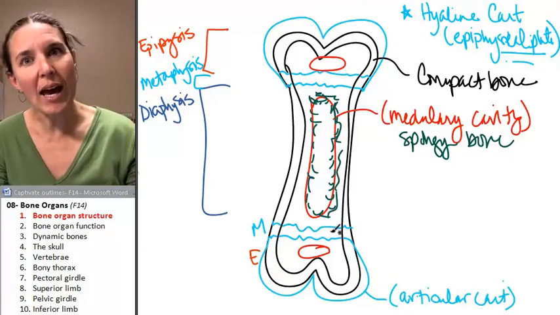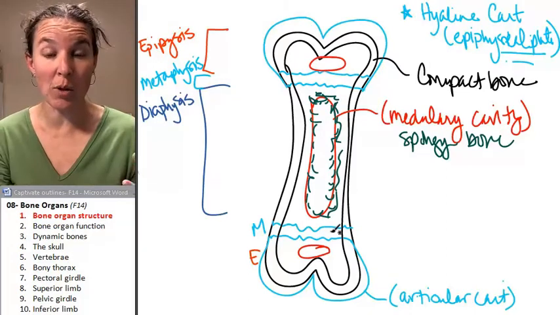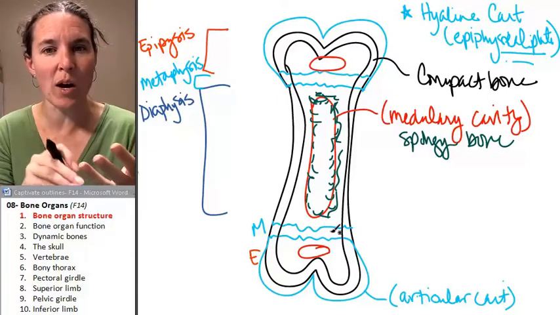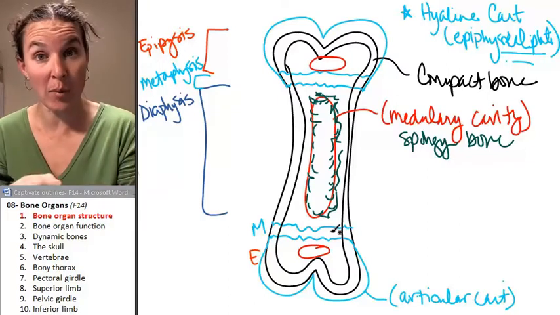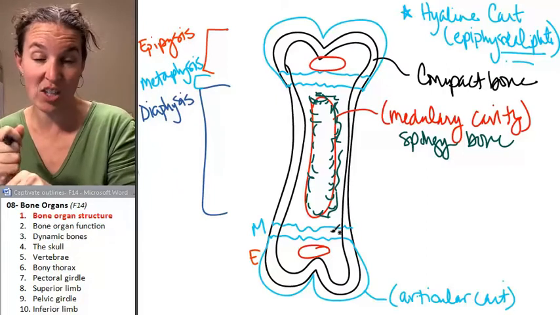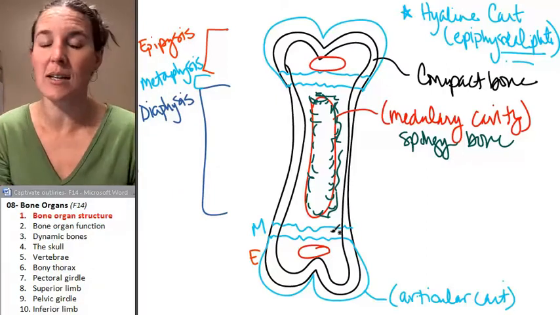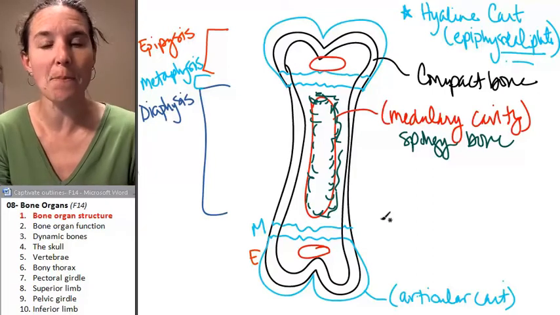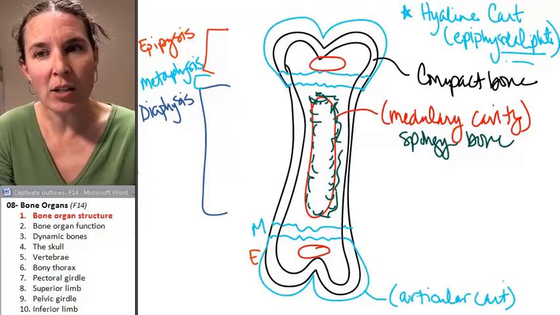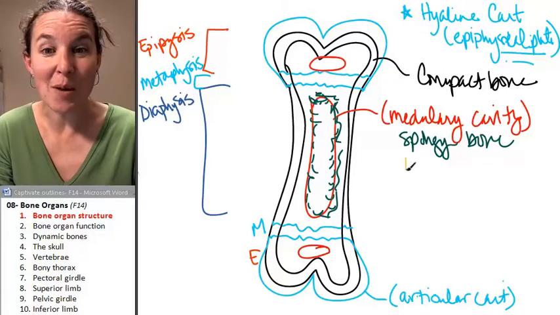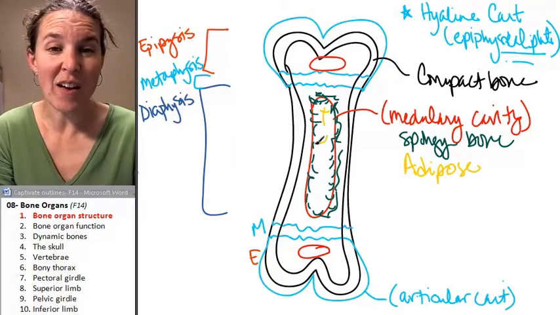If we had a cross-section of a long bone, we'd be able to see the places where we would have compact bone, which is really hard and solid, and then spongy bone, which is more porous, exactly what you would expect. Also in the medullary cavity, we're going to have adipose tissue. There's a lot of fat in there.